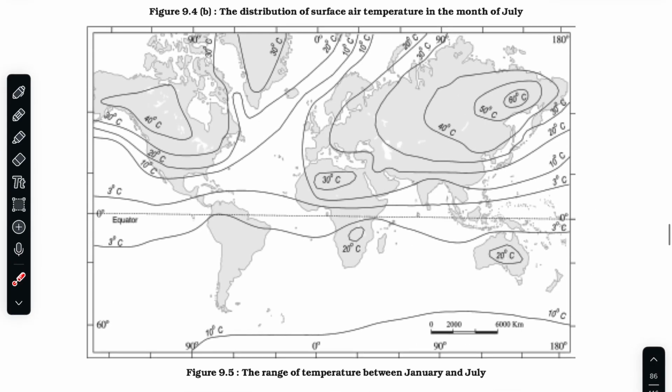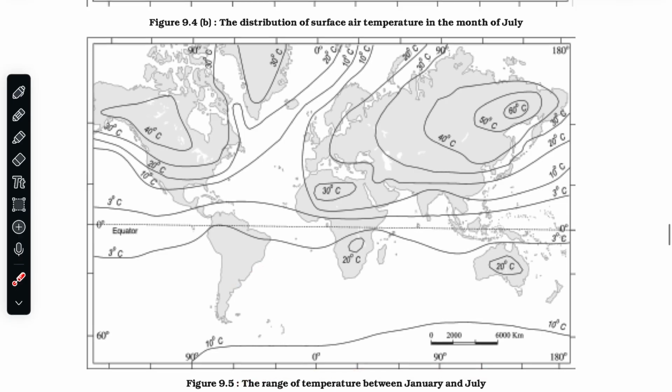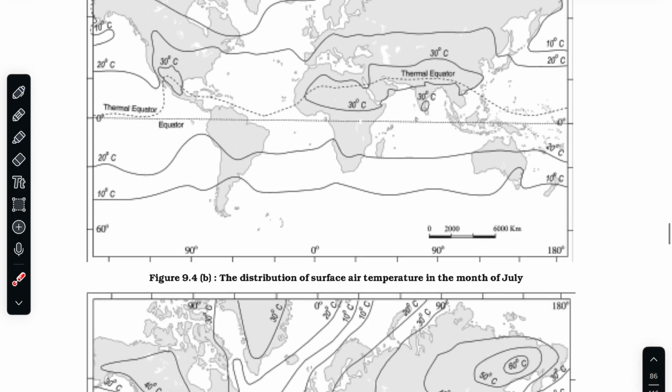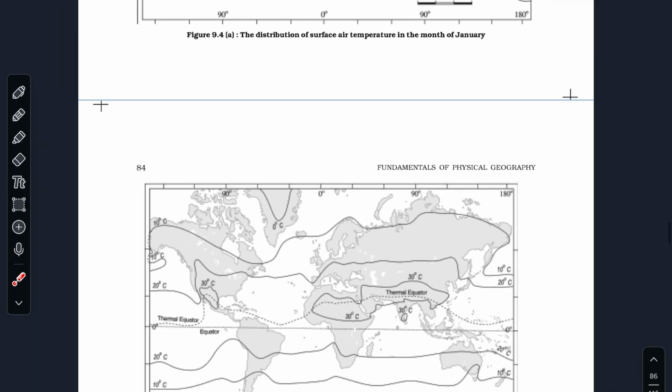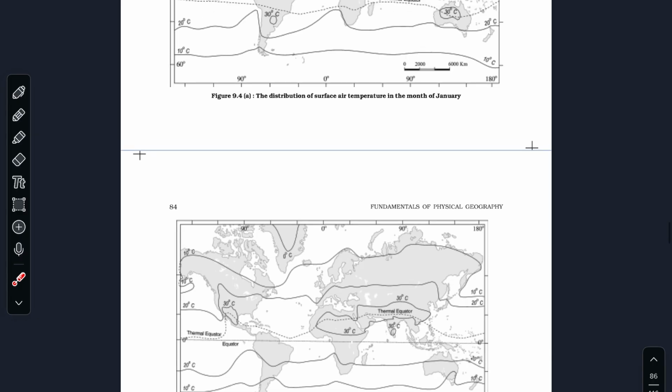Then this is the distribution, or the range of temperature, between January and July. You can see there are more variations in the northern hemisphere because of more land, whereas in the southern hemisphere there are not many variations. We can study the southern hemisphere over here.